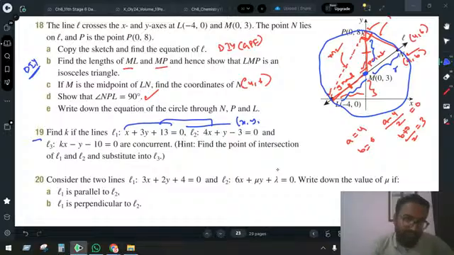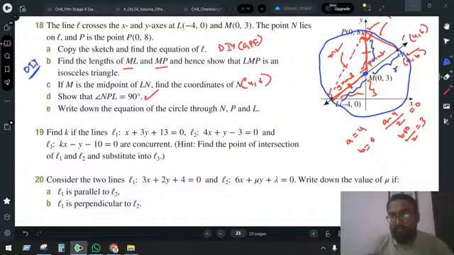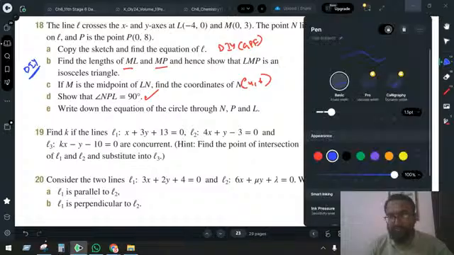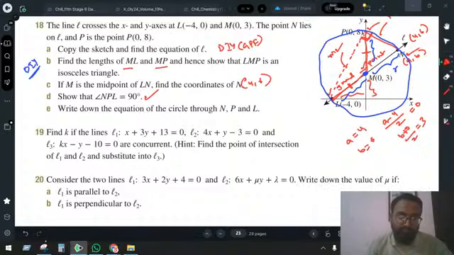Please try it, 19. Solve L1, L2. You will get some point. I'm giving the time. I'll be back.